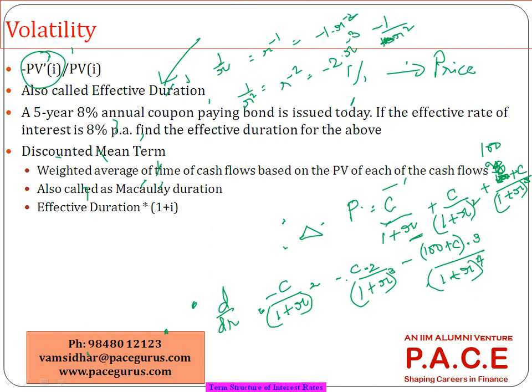So basically it is going like this. Taking the minus out, it is minus of C by 1 plus R whole squared plus 2C by 1 plus R whole cube plus 3 into 100 plus C by 1 plus R to the power 4.